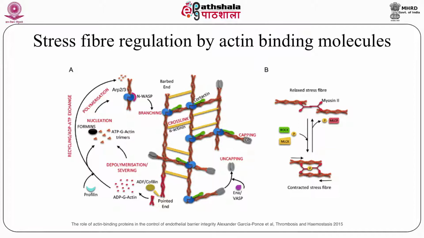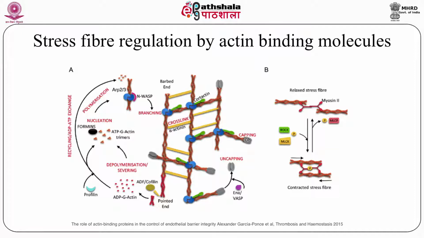Besides actin branching, formation of 3D actin networks is achieved by cross-linking actin filaments into parallel bundles or meshwork. You can appreciate the yellow colored cross links of alpha-actinin and green colored stabilization factor proteins such as cortactin in this picture.